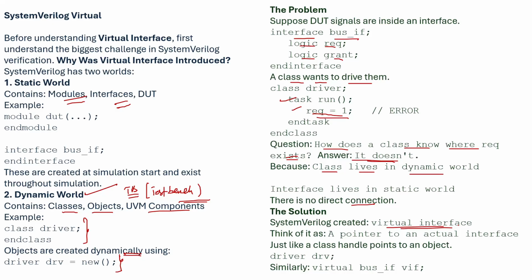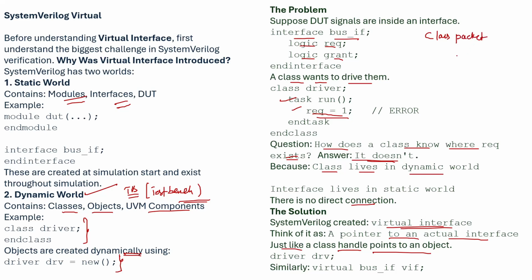That pointer will point to different signals, and we will get those signals through that pointer. Think of it as a pointer to an actual interface, just like a class handle points to the object, right?